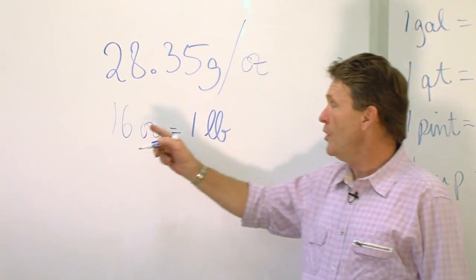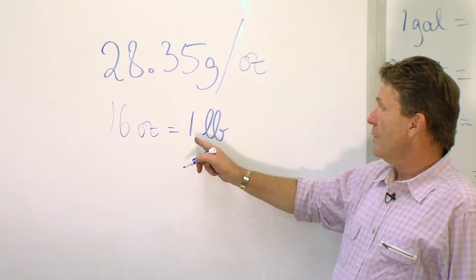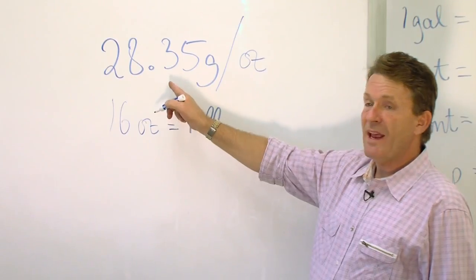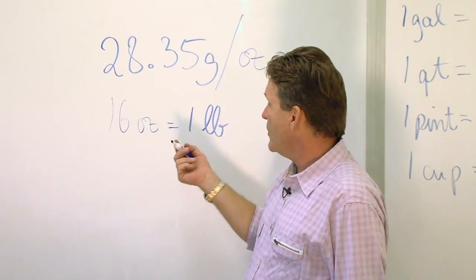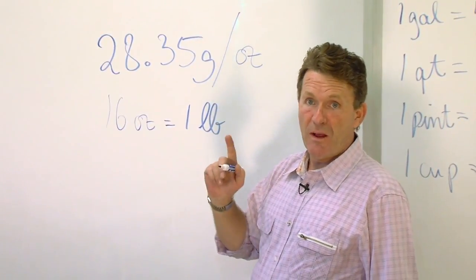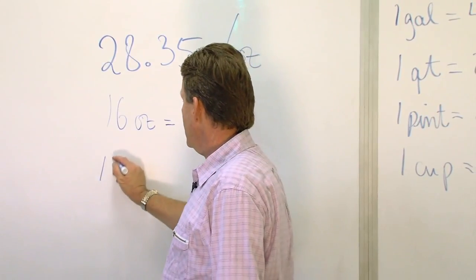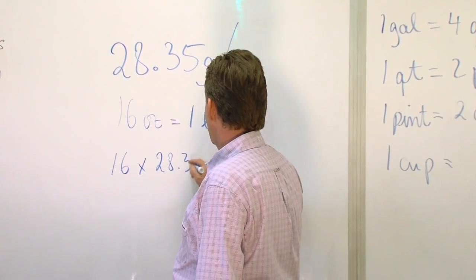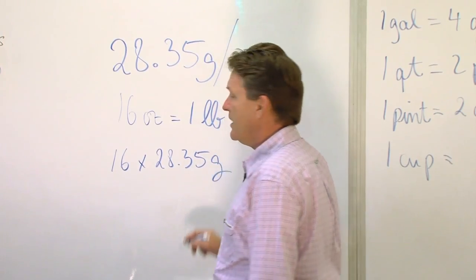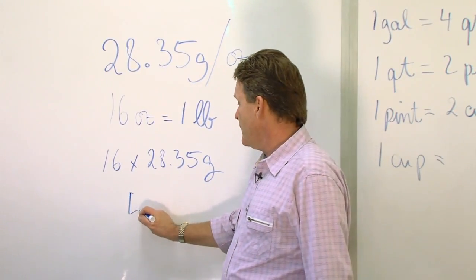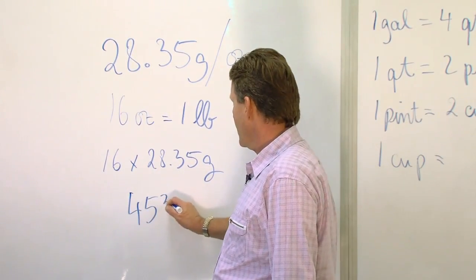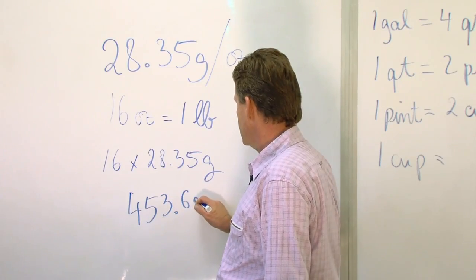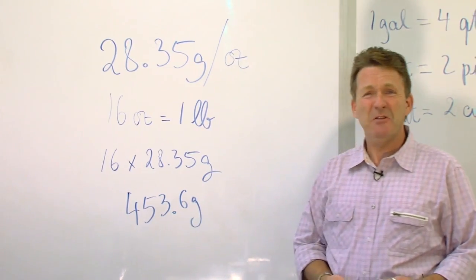So if I want to convert the ounces into grams, I tend to find out how many grams are in 1 pound. I take 16 and multiply it by the magic number. And my calculator would give me now the number of 453.6.